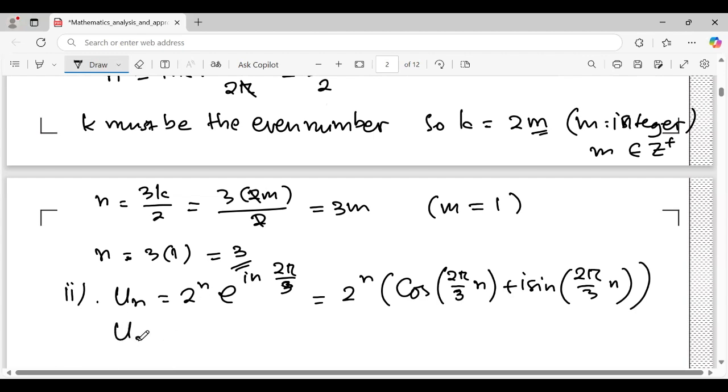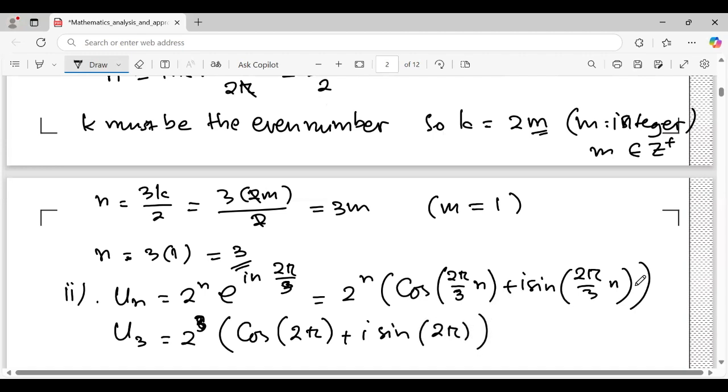So if n is 3, it is 2 cubed, sorry, 2 cubed is 8. Cosine with n equals 3, it means 3 divided by 3 becomes 2 pi, i sine 2 pi as well.